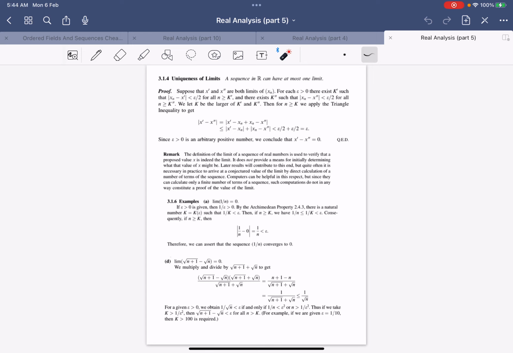What we want to take note of now is that this definition makes it easy to verify whether a proposed value is a limit, but it does not produce the limit. You can't say that you must have a candidate first and then prove that this candidate is a limit. How do you usually find this candidate?